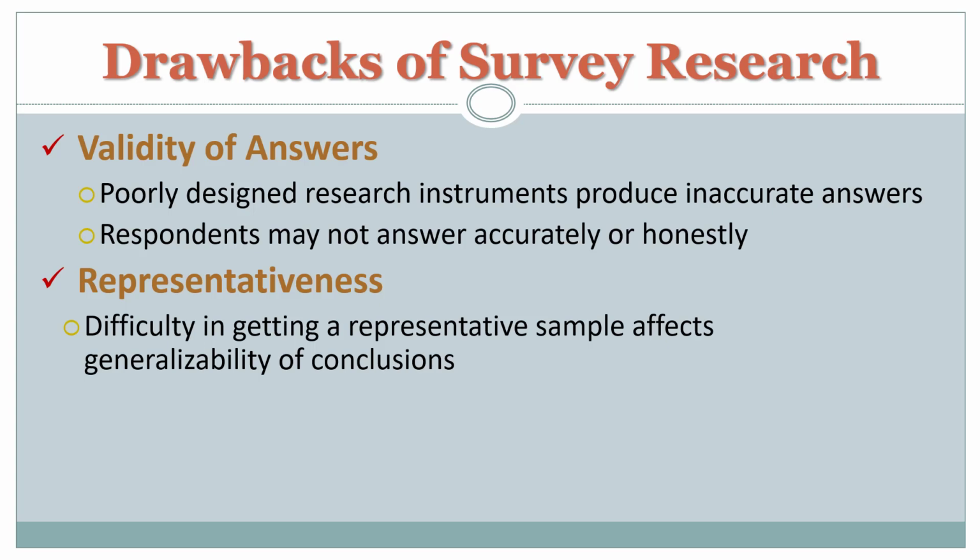That could be related to: do you have the right proportion of males to females, political party registration, ethnicity, education level, income level, and so on. Might you run into trouble due to language barriers? And even if you can get representativeness in demographics or psychographics, you may have an issue with response rate. Are the people who refuse to answer a survey or aren't available different from those who do answer a survey?